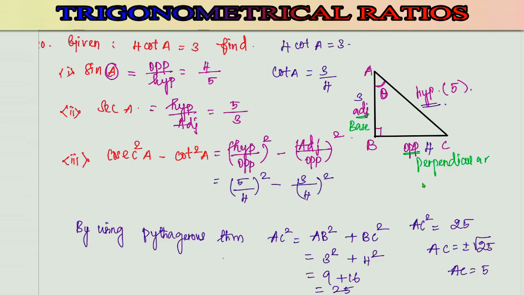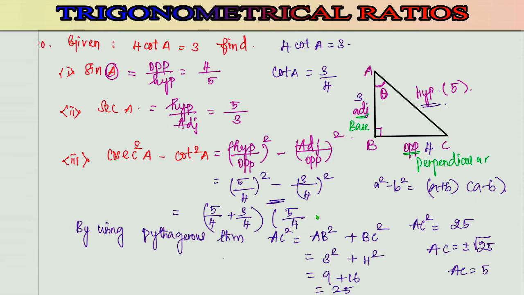When you have the given expression in the form of a square minus b square, it is equal to a plus b into a minus b. So we need to consider here 5 by 4 plus 3 by 4 into 5 by 4 minus 3 by 4.